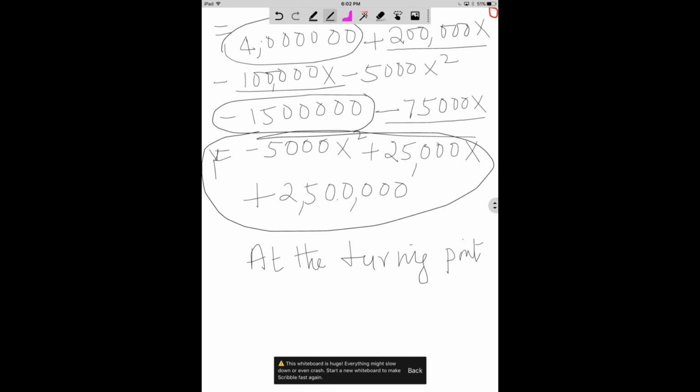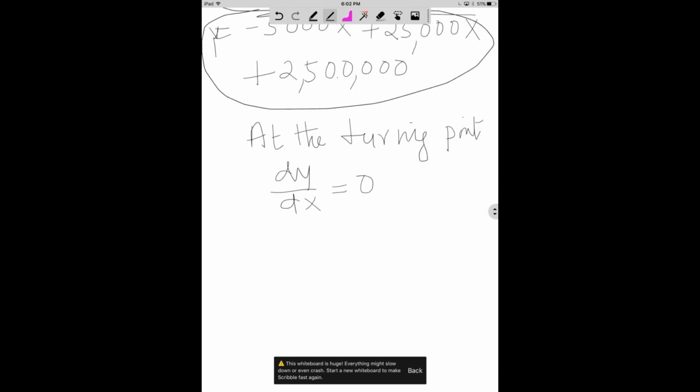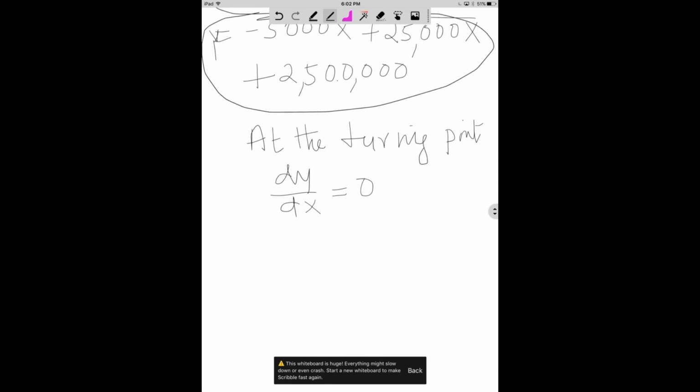At the turning point, dy by dx is equal to 0.